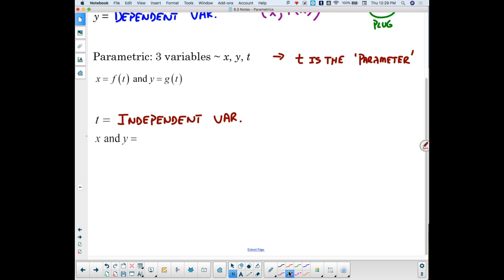Which then makes, because t is what I'm going to put into my function for x and get out my x value, and t is what I'm going to put into my function for y and get out a y value, both x and y dependent.